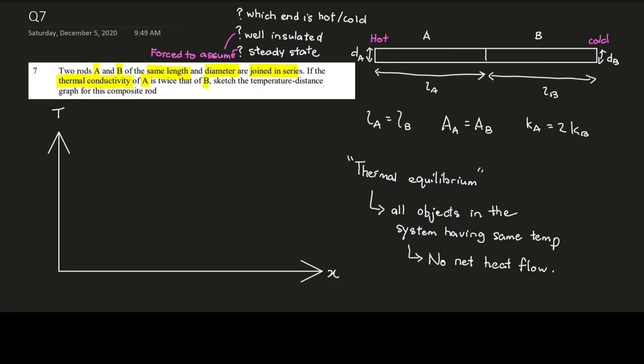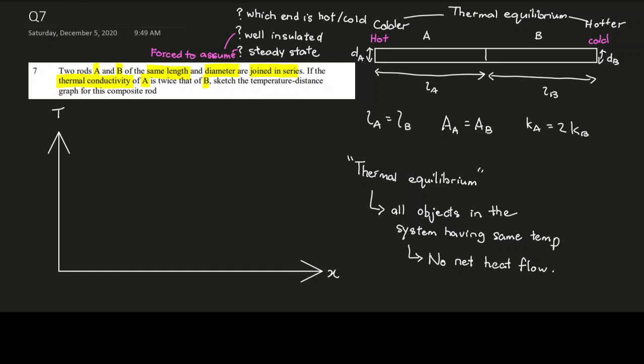Now, is there anyone thinking, why won't this end slowly get colder, and why won't that end slowly get hotter, and then in the end they reach thermal equilibrium? Anyone have this kind of thought? I would really appreciate it if someone had that thought. If someone knows why it is not this way, that's even better.